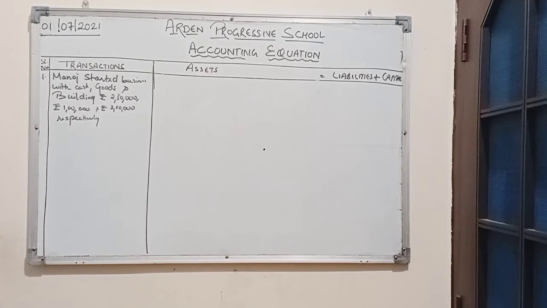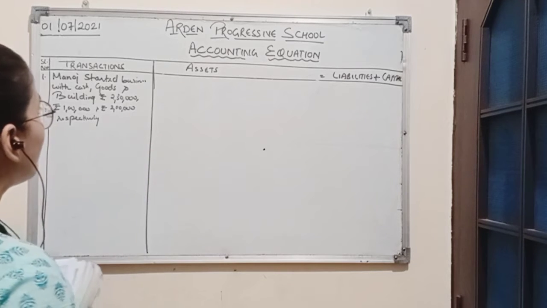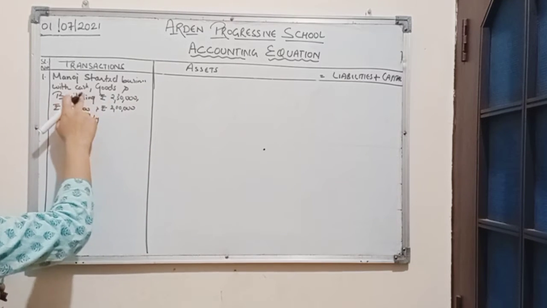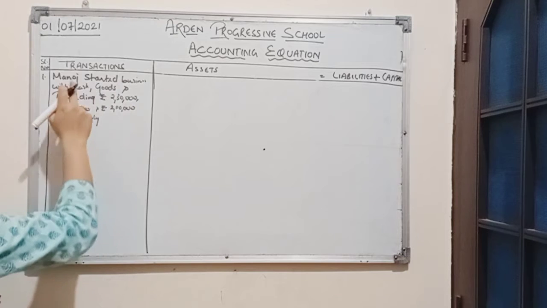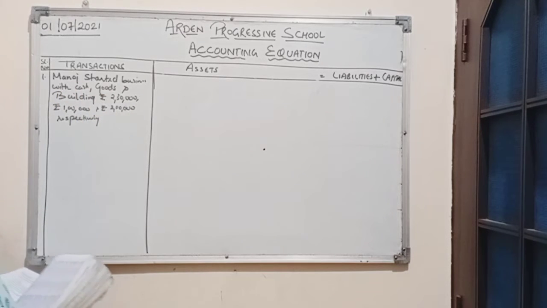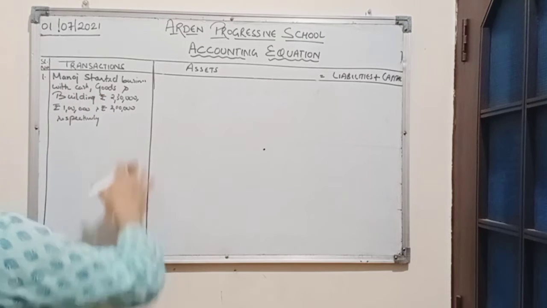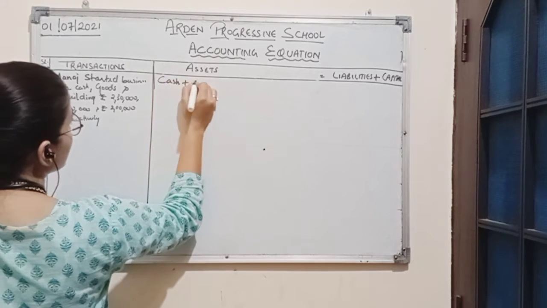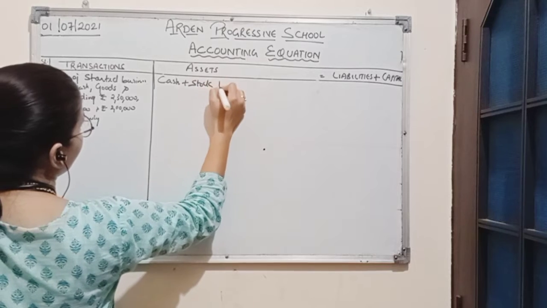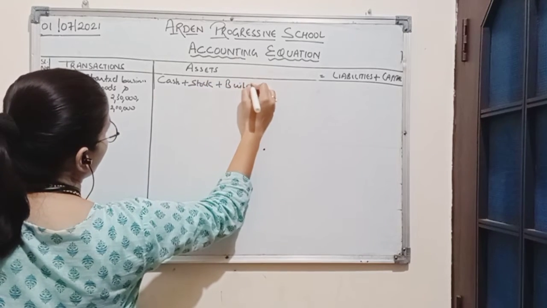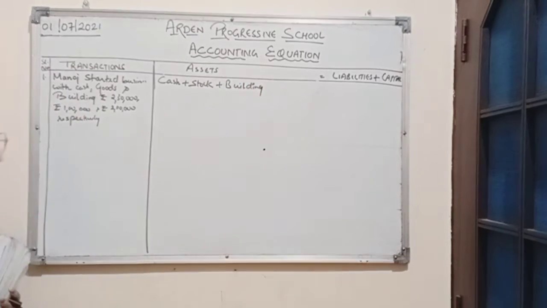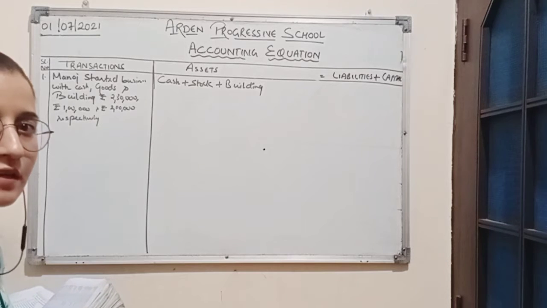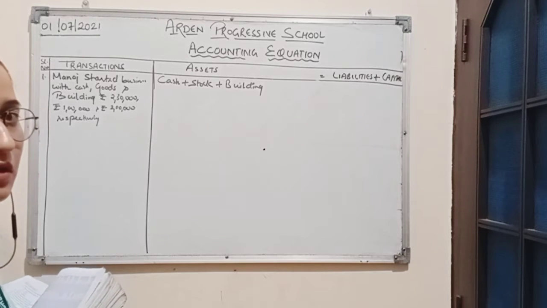Now, we will show this transaction in the equation. We know the business has been started with cash, goods and building. All these three items come in the category of assets. So, we will open a column of cash, then stock and then building. We know the amount invested in the business is considered as capital also.